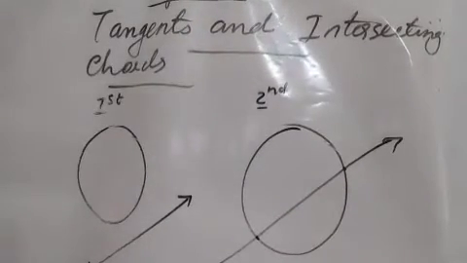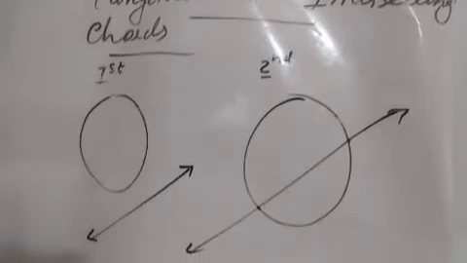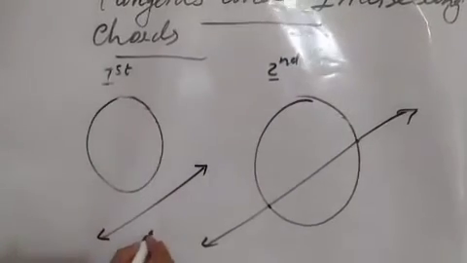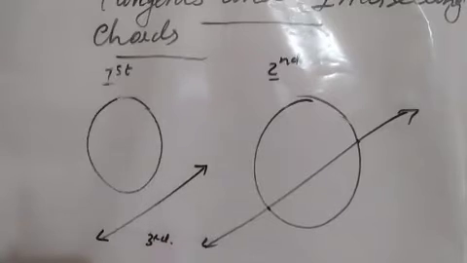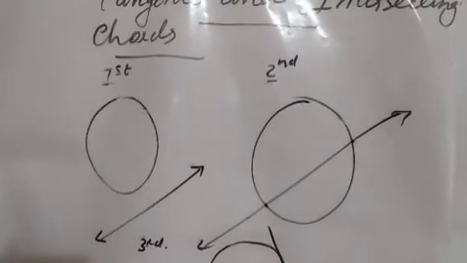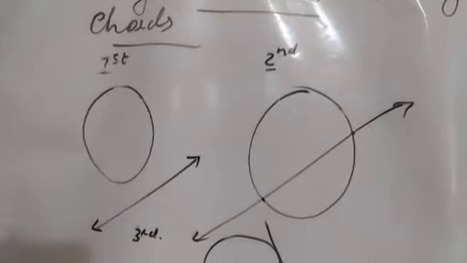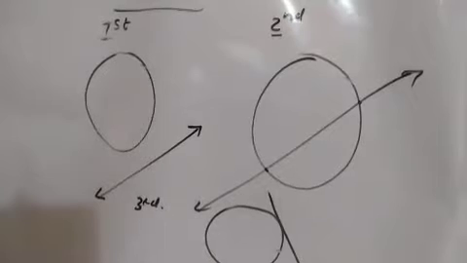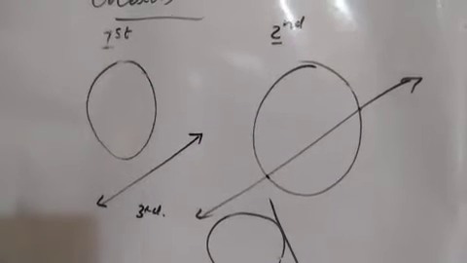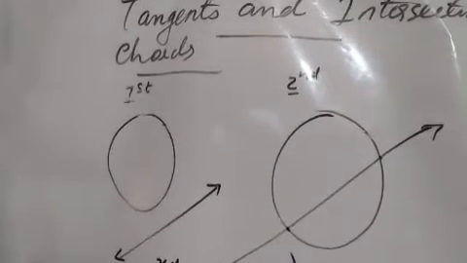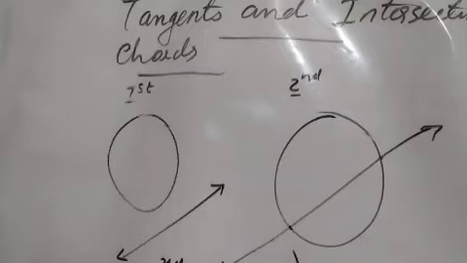Okay, and the third position, a circle and it touches the straight line at a particular point. Okay, these are the three positions when a circle and a straight line are drawn in a plane.